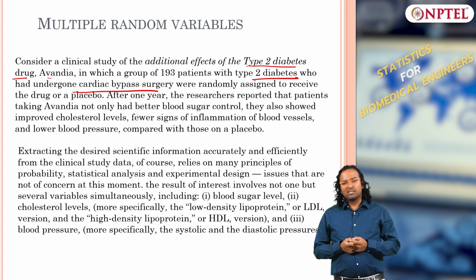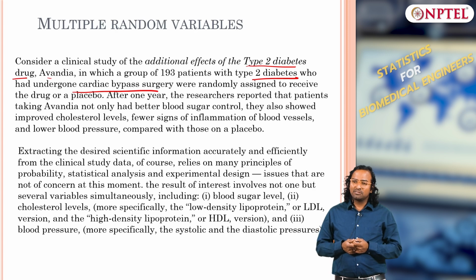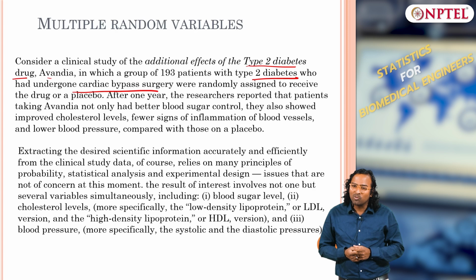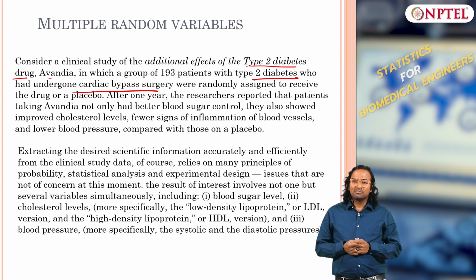Type 2 diabetes, does it depend upon cholesterol levels? Pressure, does it depend upon type 2 diabetes? Yes or no? Is there a relation between hypertension and type 2 diabetes? Yes or no? Hypertension and diabetes, is there a relation or no? Hypertension and diabetes.